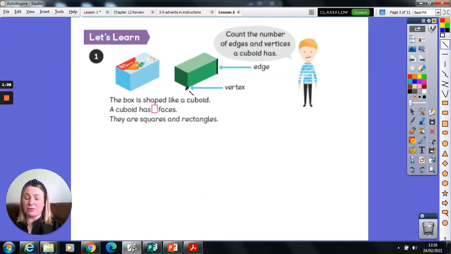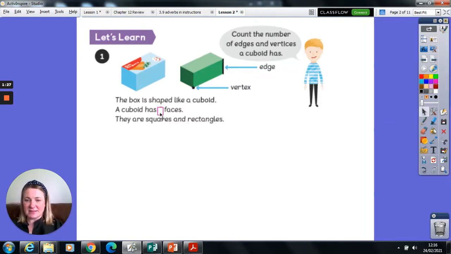If you have an actual box in front of you at home, it might help you to count. How many faces does that have? There would be 1, 2, 3, 4, one on the other side 5, and 1 at the bottom 6. A cuboid has 6 faces.